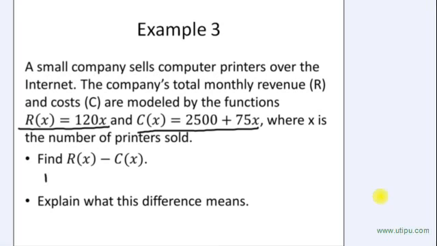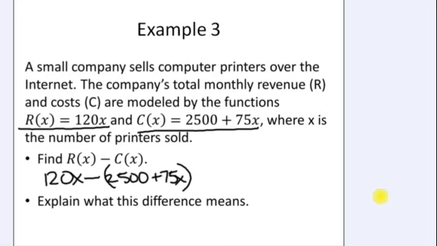All right, so R of x is 120x minus C of x, so we would need to subtract the whole quantity of 2,500 and 75x. So if I simplify this, combine like terms, 120x minus positive 75x would give us 45x, and then minus the 2,500.